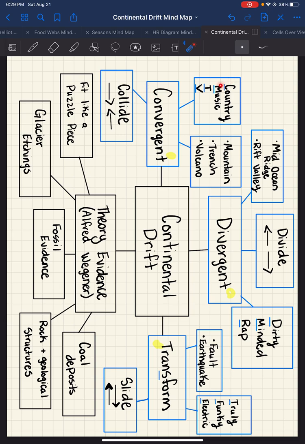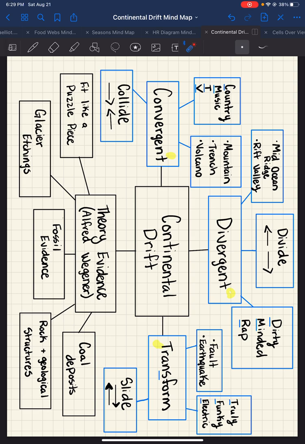Convergent starts with a C. The M stands for mountain. The T stands for trench. And the V stands for volcano. So country music television means convergent, mountain, trench, volcano. That's a little trick to try and remember the plate boundary with its land formations.